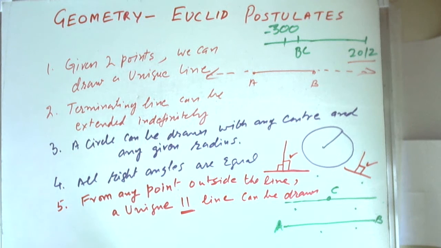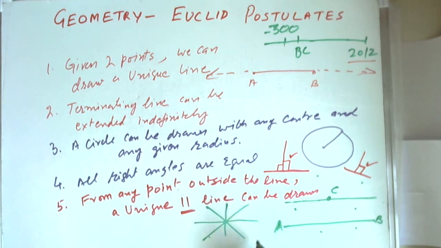Then there is another corollary to postulate 5, and that is through a point infinite number of lines can be drawn. Suppose a point is given to us. Now how many lines can we draw from here? We can draw one line like this, one like this, one like this, one like this.